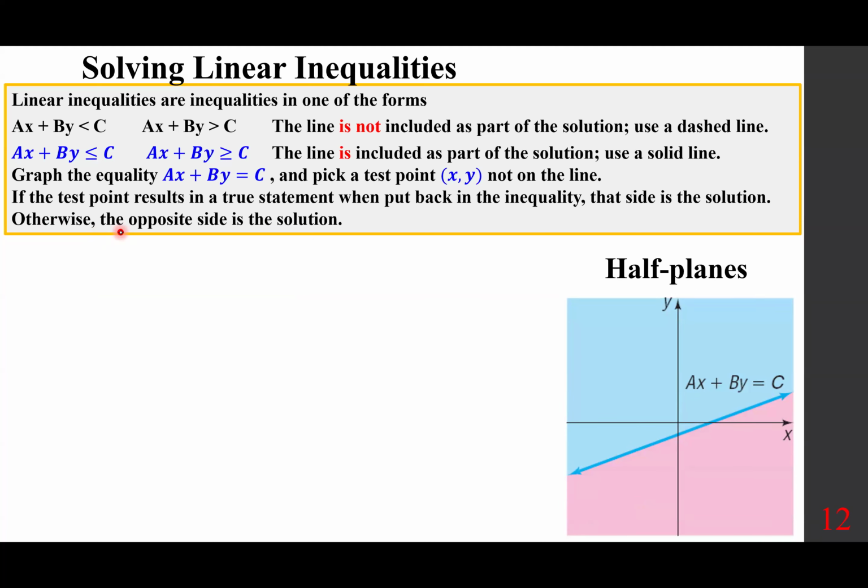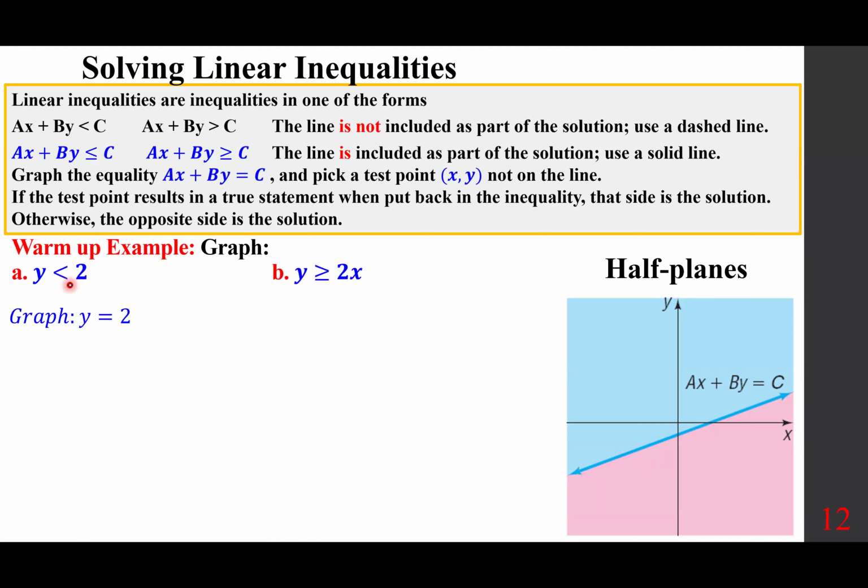So when you have a line, it cuts the plane into two half planes. For example, ax plus by equals c, the top and the bottom, or you might say the left and right. That's the result of having a line and half planes. Now, warm-up example: we want to graph y less than 2.